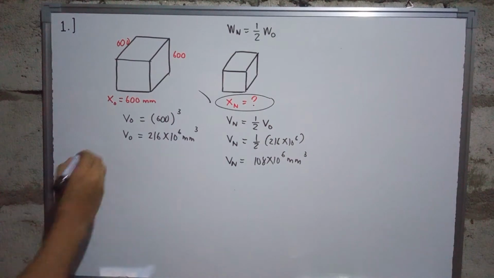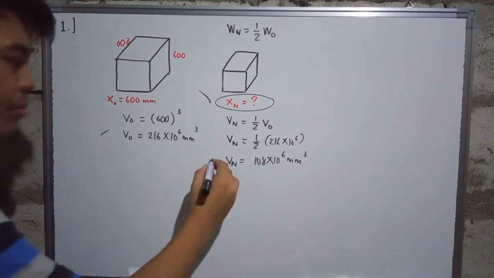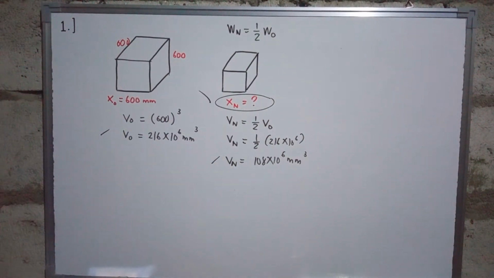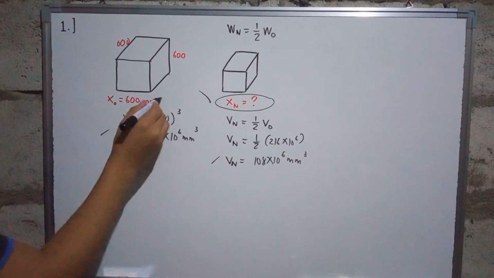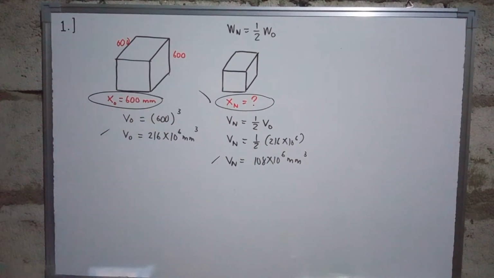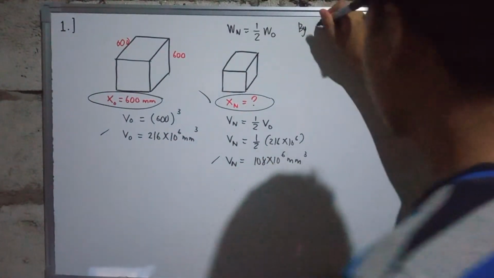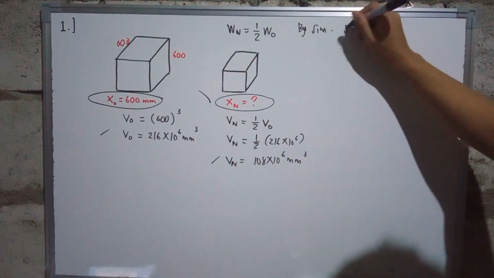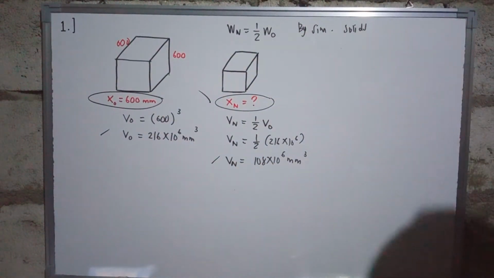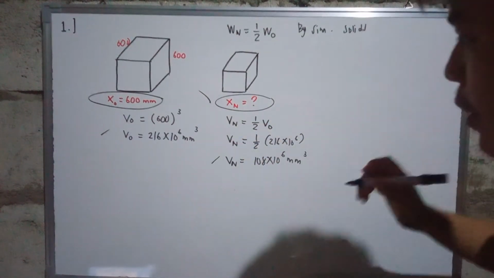Since meron tayong given na volume na nasolve pala natin, and meron tayong given na sides ng cube natin, we can apply similar solids. So, by similar solids, so let's consider the volume.